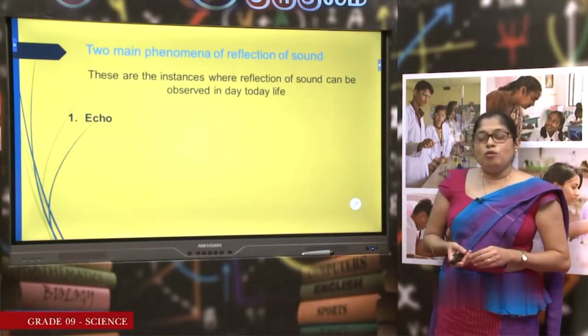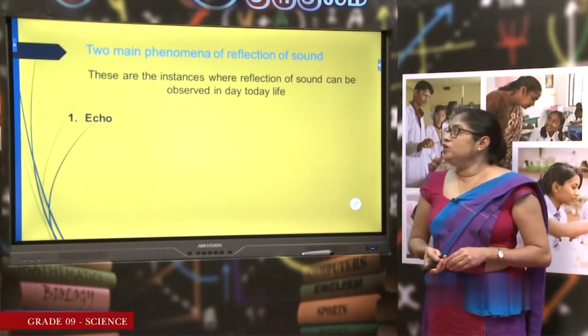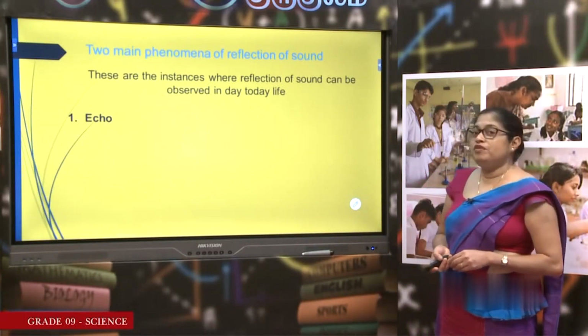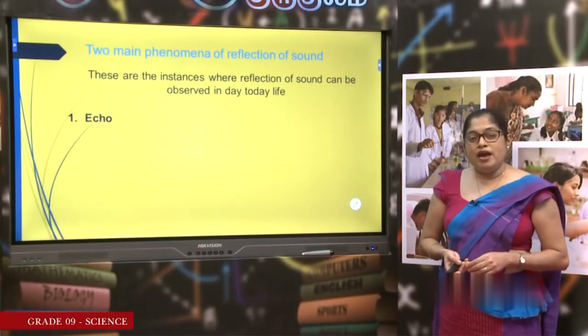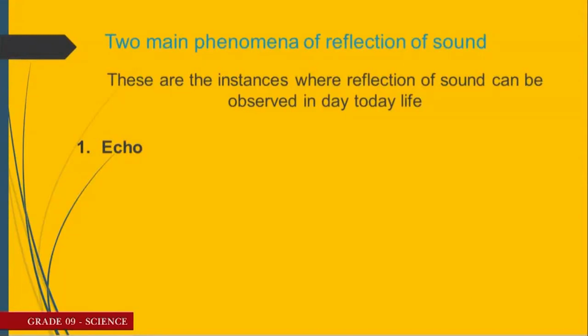So, now we are going to discuss two main phenomena of reflection of sound. They are echo and reverberation. These are the instances where the reflection of sound can be observed and experienced in day-to-day life. Let us discuss echo first.